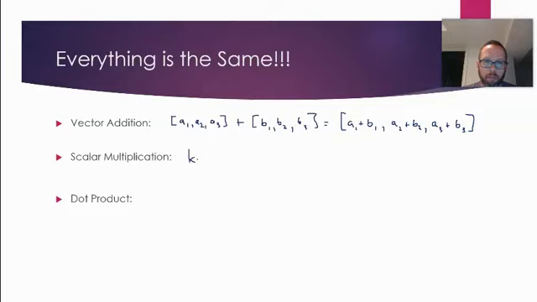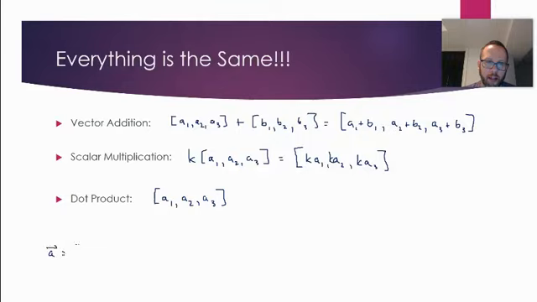Scalar multiplication. So some scalar k times a vector A1, A2, A3. As we know, that would just go onto each component: kA1, kA2, kA3, just like R2. Nothing has changed. The dot product is the same, but now you have vectors in R3. So if you want to dot vector A, I guess maybe I should say here I'm using A as A1, A2, A3.